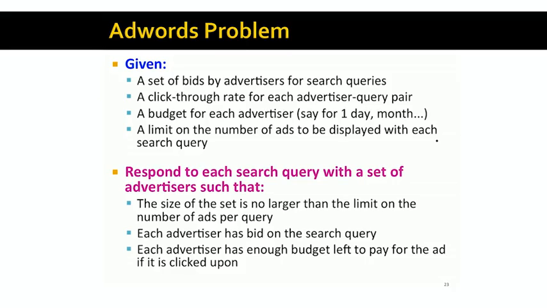So once the budget of an advertiser has been exhausted, we can effectively assume that the advertiser is out of the game and is no longer bidding on any search queries. So the AdWords problem is therefore to find a set of ads for each search query that satisfy these criteria.